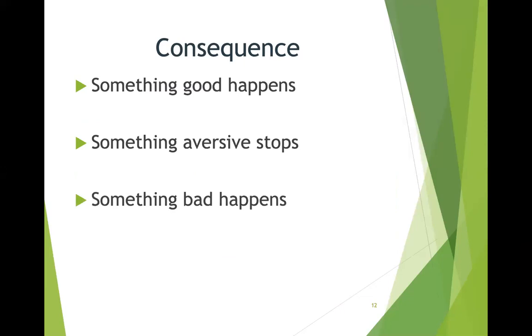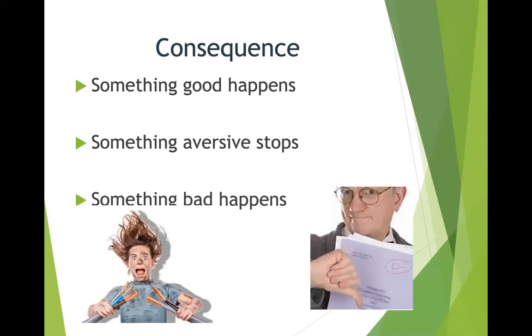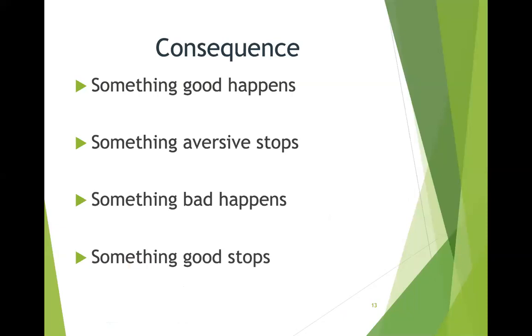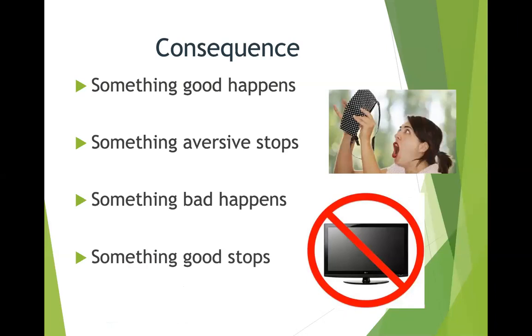It could also be something bad happening, like electrocuting ourselves, or maybe getting a bad grade on a test. And then a consequence could also be if something good has stopped. So the TV is no longer working or no longer turned on, and we no longer can find that money that we put in our wallet.